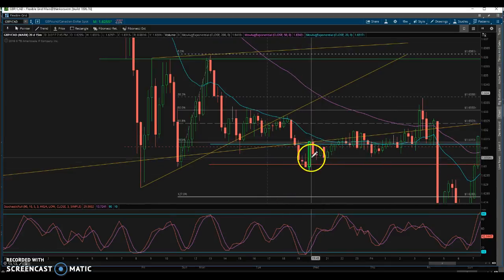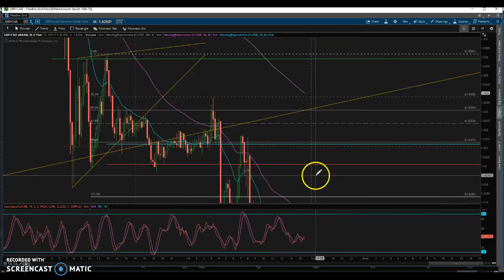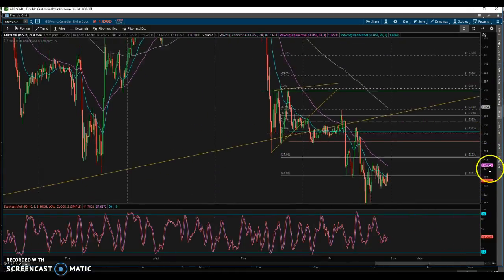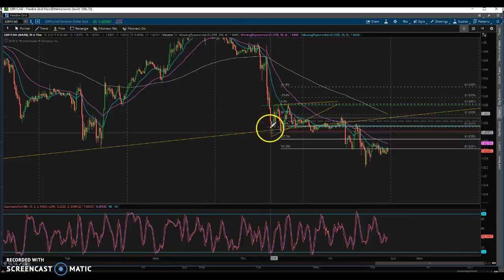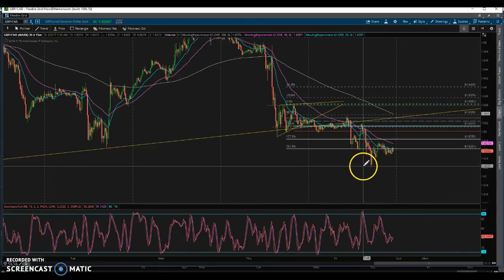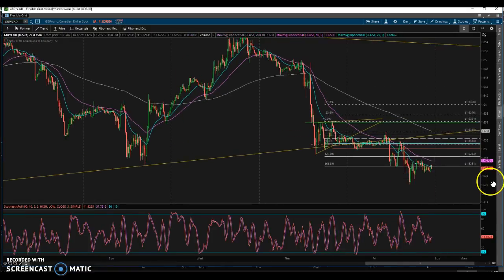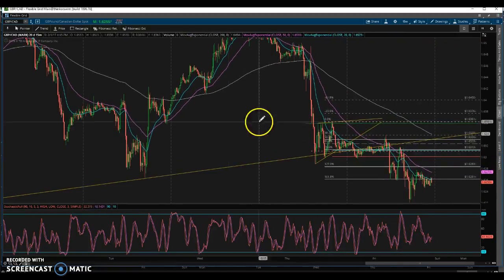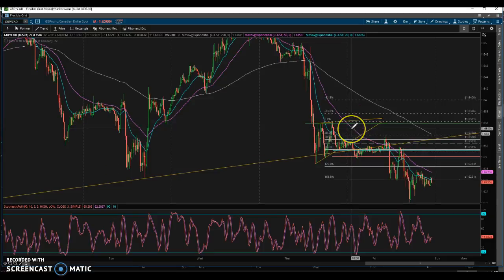So this was your typical impulse move, correction, continue with the trend. Potentially a poor trade, but I saw potential opportunity to take it back up to this for like a third retest of this top here.